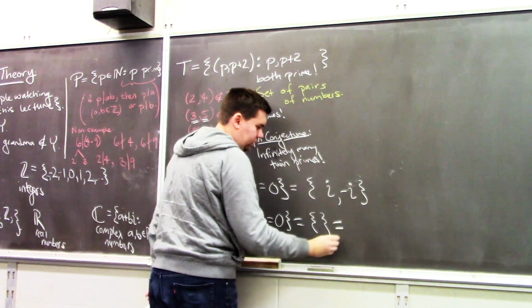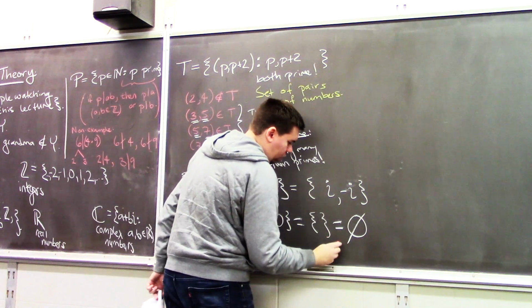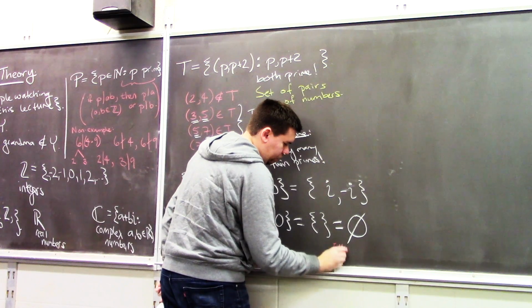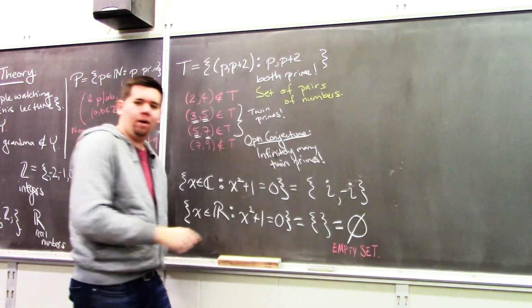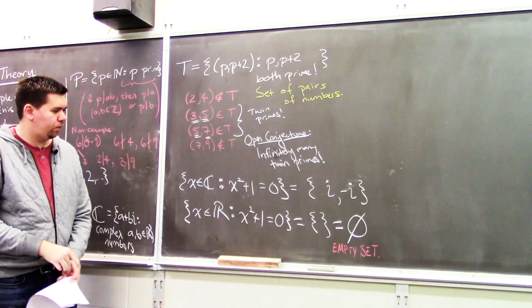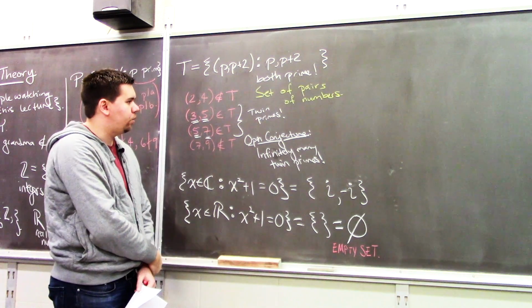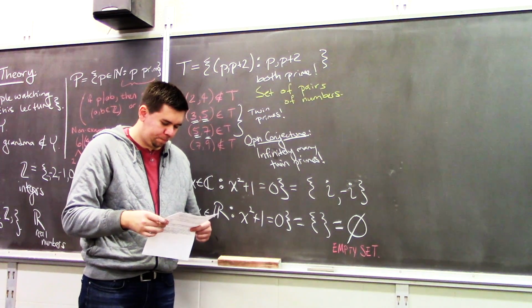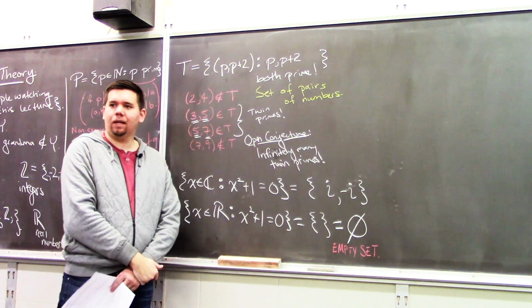Our notation for this will be a circle with a line through it, and we call this the empty set. The set with no elements. So it's a thing, it's a set, but it's a thing that has nothing in it. Okay. Any questions about sets?